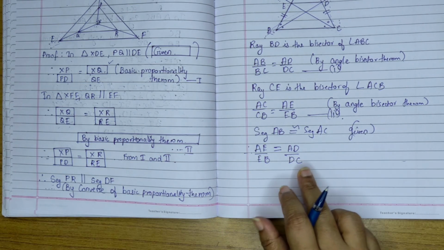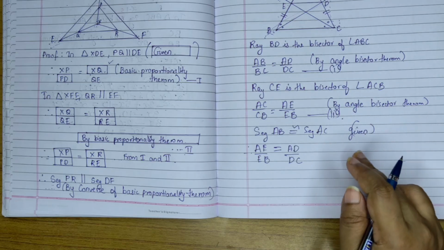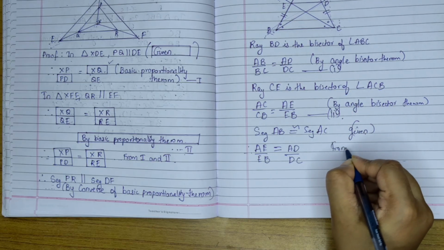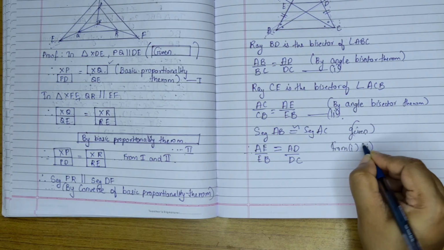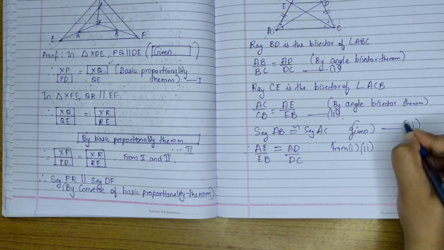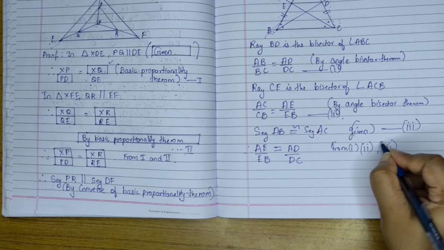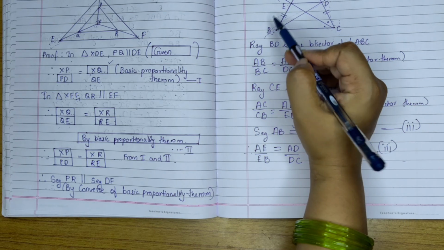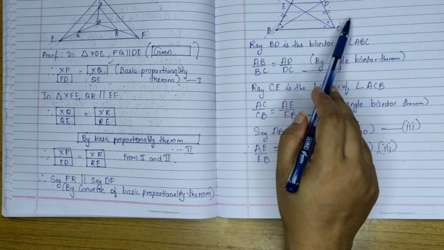And from where do we get this? From 1, 2 and this you can write as 3. From 1, 2 and 3, we got AE upon EB is equal to AD upon DC.